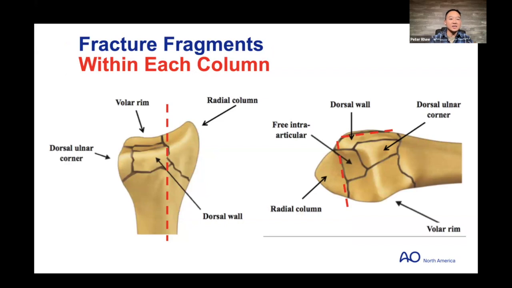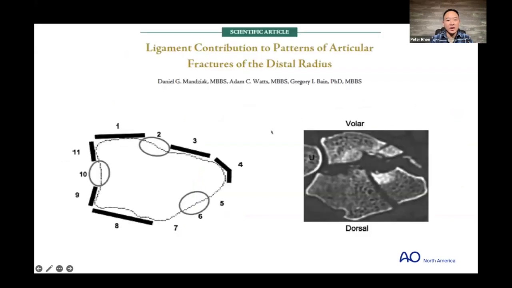So if you have a nascent or established intra-articular malunion, I try to think back, and you can glean that from your imaging studies, to see what the fragments could have been and how I can reproduce them. It helps me realize how I would have fixed that, with what type of fixation methods, based on how big the bone is. So these are some of the fragments that can occur, with the radial column being its own separate piece. But in this example, actually, the radial column piece is comminuted.